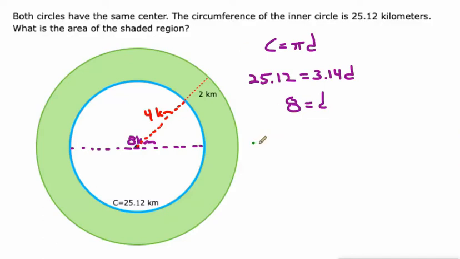So now we can set it up exactly like we did the last one. Here we go. Pi r squared for the area of the bigger circle. So pi is about 3.14. The radius is the 4 plus the 2. And then we're going to subtract from that the area of the smaller circle, pi r squared, 3.14 times 4 squared.